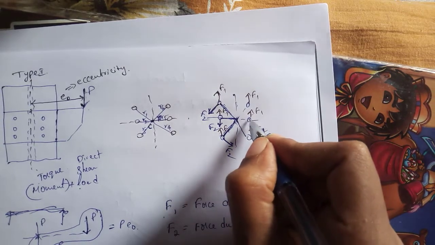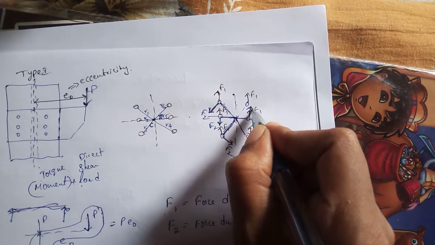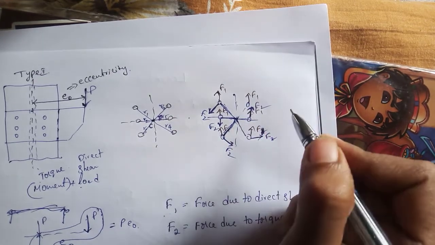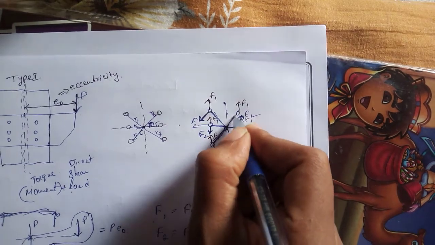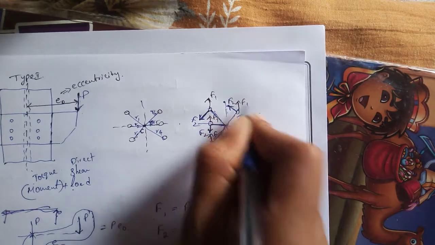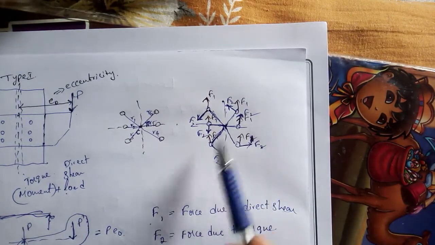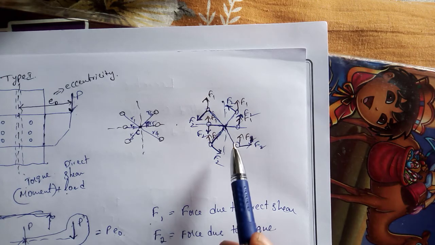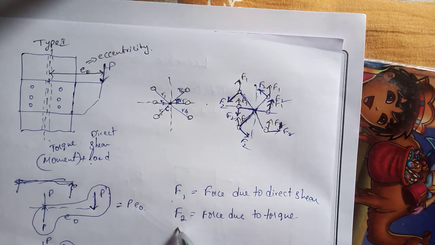And for this the perpendicular direction is same, so F1 and F2 directions are same. And for the last bolt, perpendicularly F2 is acting here. This is a little messy, but I hope you can clearly understand the directions of F1 and F2.